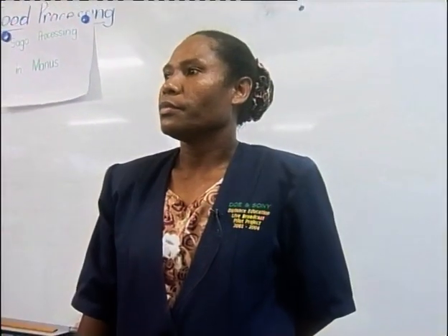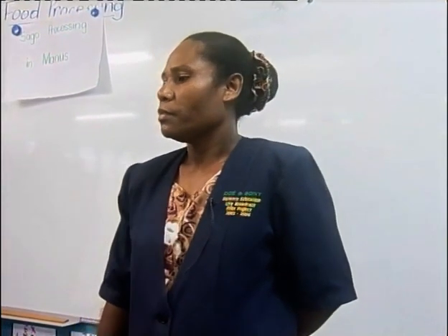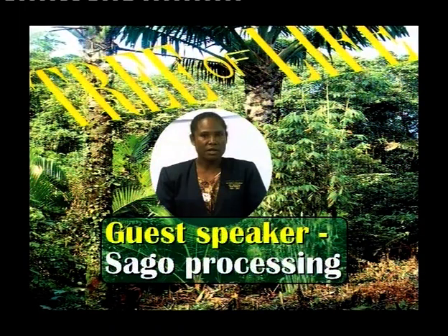This morning, we have a guest speaker. She will come in later in the lesson and introduce herself to us. But if you look at the topic for this lesson, it is on sago processing.